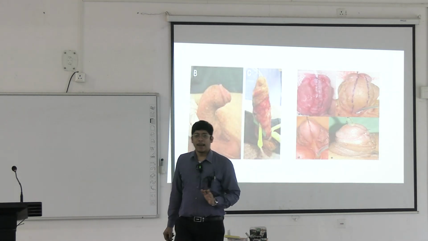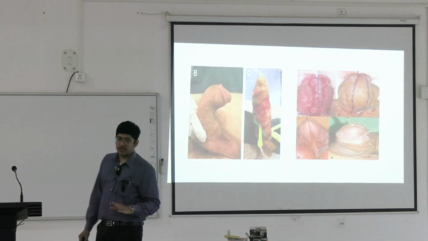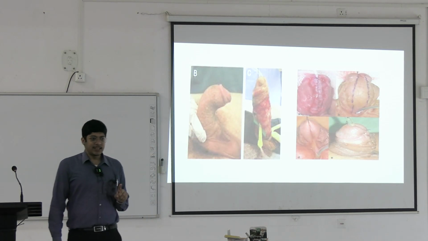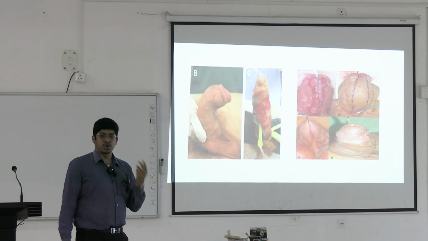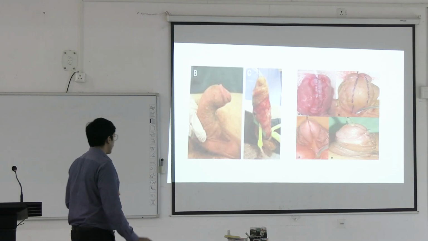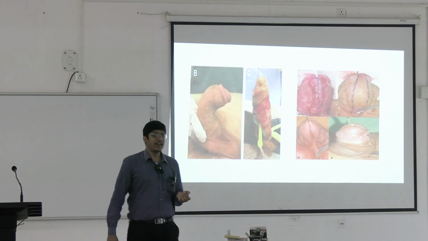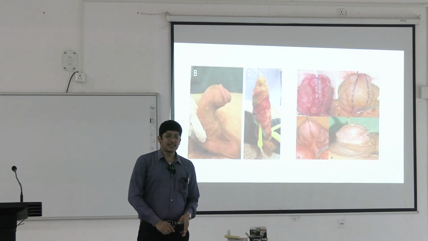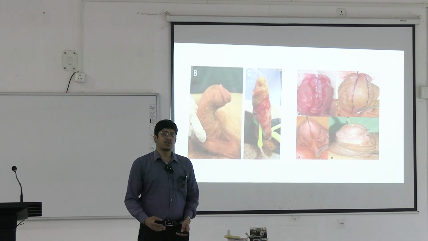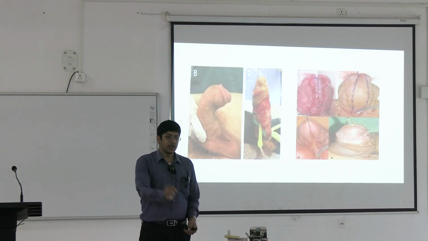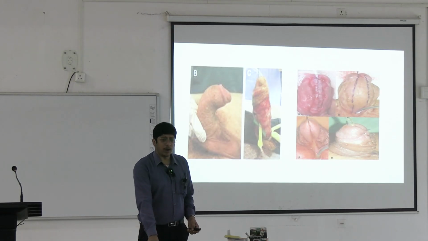Now this may or may not be achieved in a single stage surgery. It can require 1, 2, 3 sittings, and what is more important is that these surgeries have a very high failure rate. Once corrected, it may not eventually give rise to the perfect result.